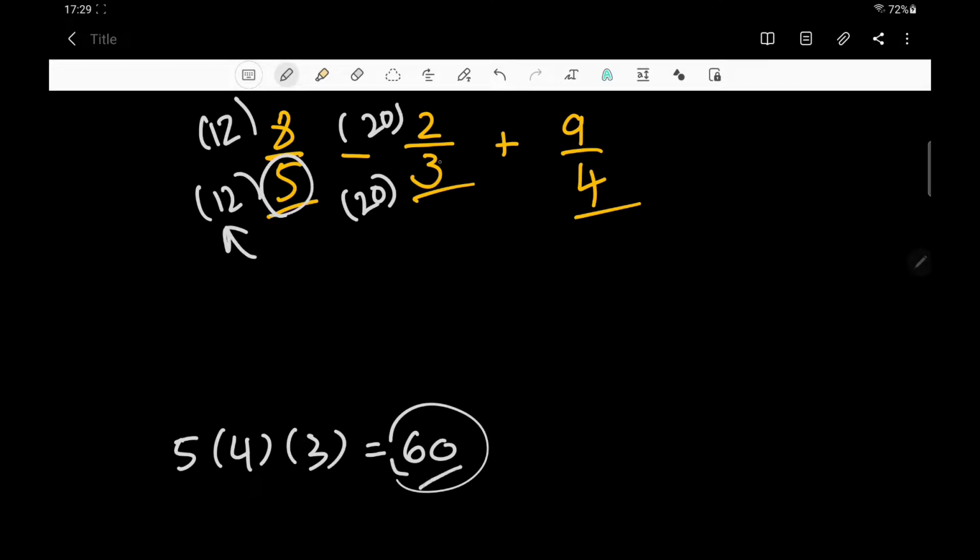So 60 divided by 3 will give you 20. So 60 divided by 4 will give us the number that we need to multiply this fraction by, which is 15. So we're going to multiply by 15.